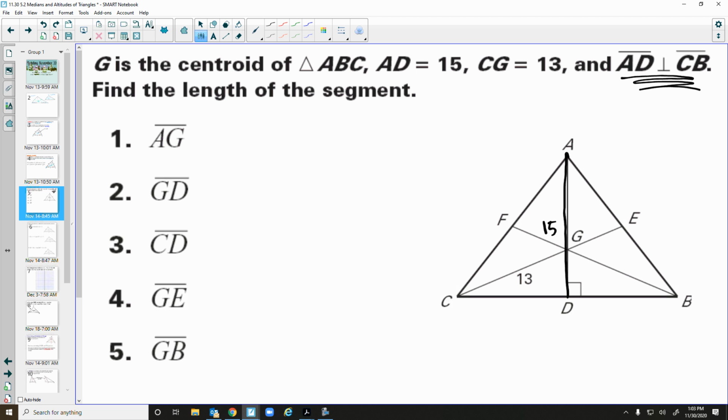So going through and solving each of these. Since AD is 15, we need AG. 10. Because what that theorem was just saying is your distance from the vertex to the centroid is 2/3 of the whole thing. So 15 times 2/3 is how you got that.